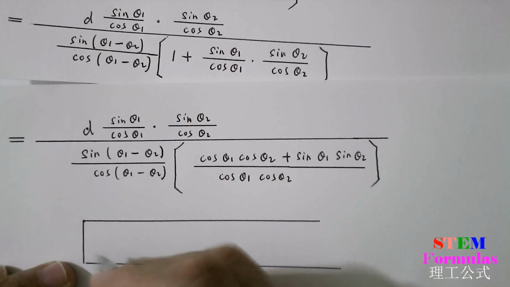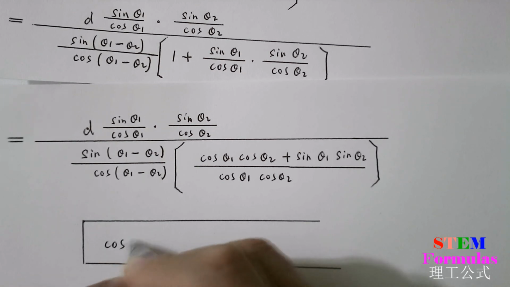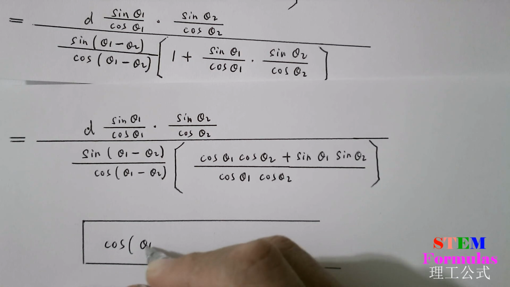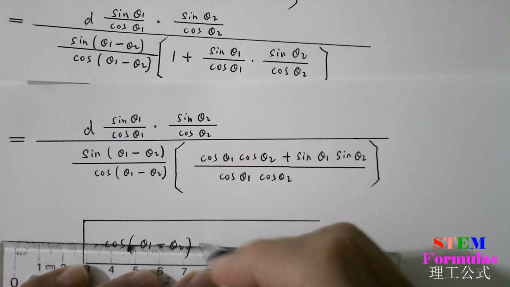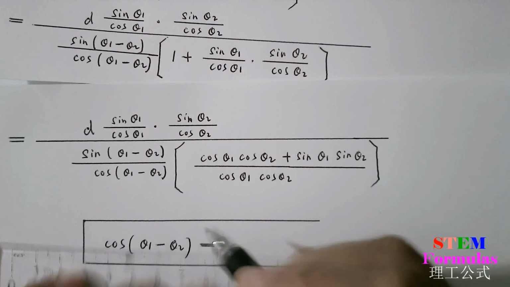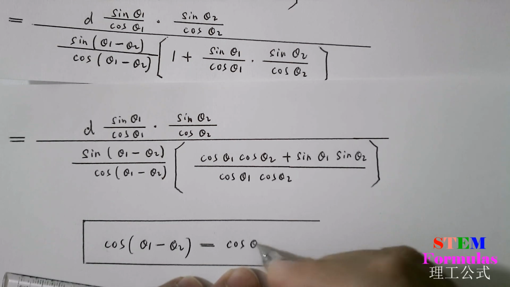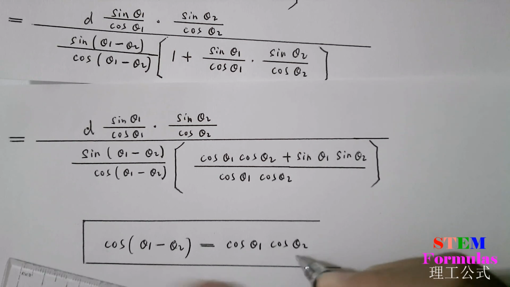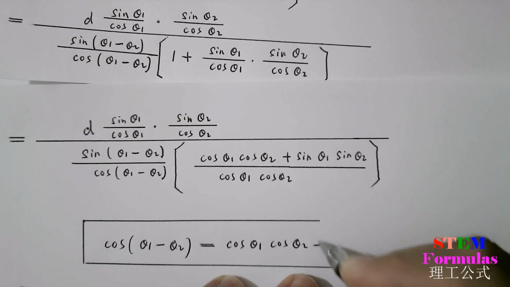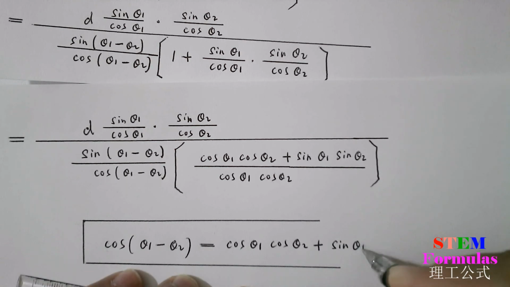The identity states: cosine (theta 1 minus theta 2) equals cosine theta 1 cosine theta 2 plus sine theta 1 sine theta 2.